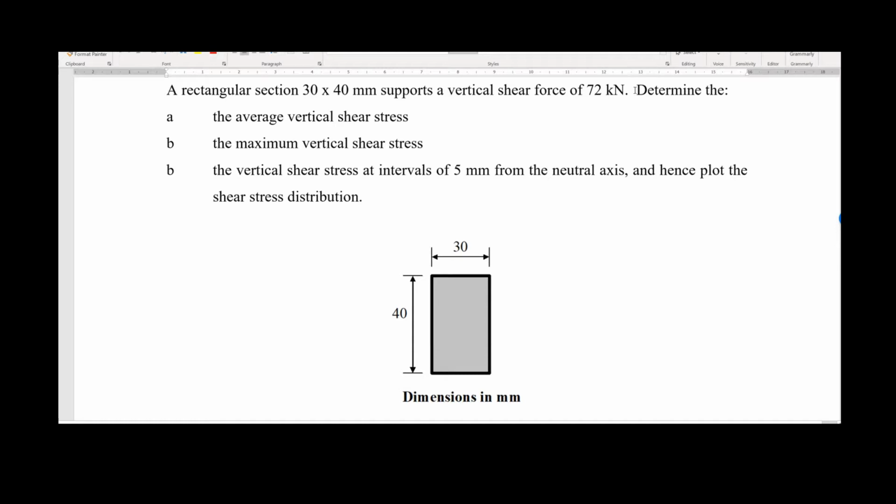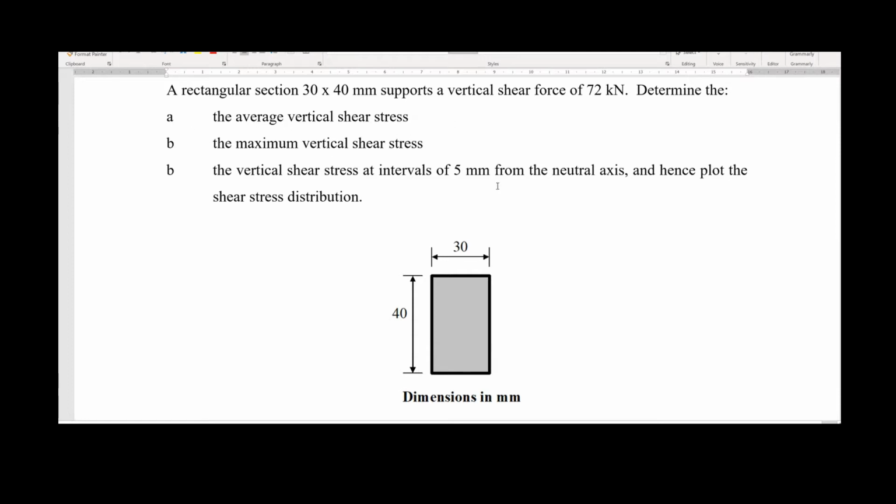But it's important for you to know that this is part of another problem, and this section probably will be subjected to bending stresses as well, and axial stresses, why not, and maybe torsion. So this is a partial analysis of the stresses, focusing the attention only on the shear stresses. But this cross section eventually will be part of another structure subjected to more stresses. Okay, after saying that, we can focus the attention on the calculations in here.